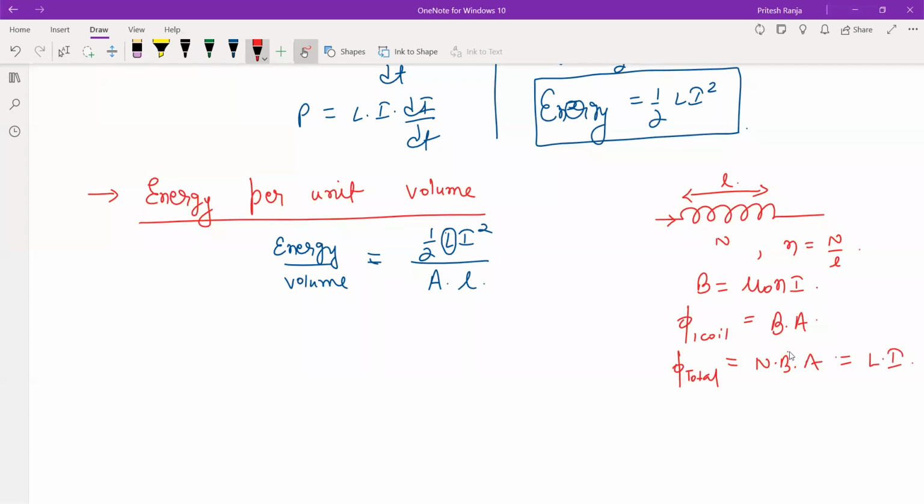We put the expression of B, so we get mu naught n i into N into A is equal to L into I. So I gets cut and we get the expression of L as mu naught n N A.